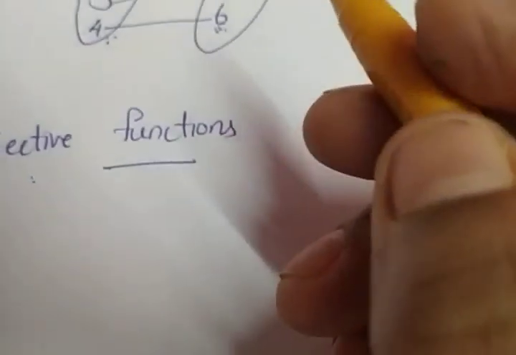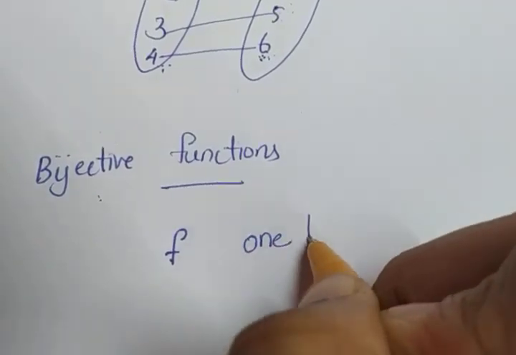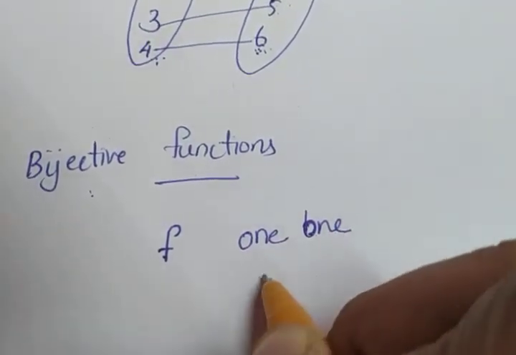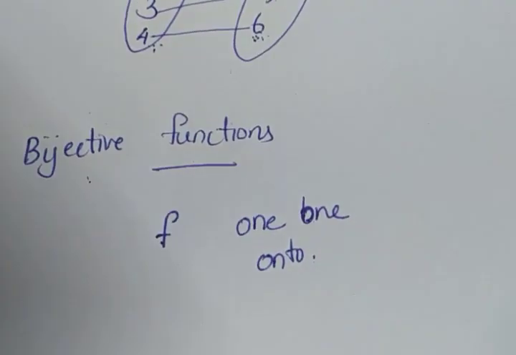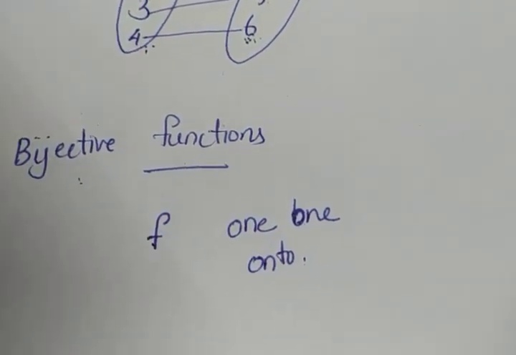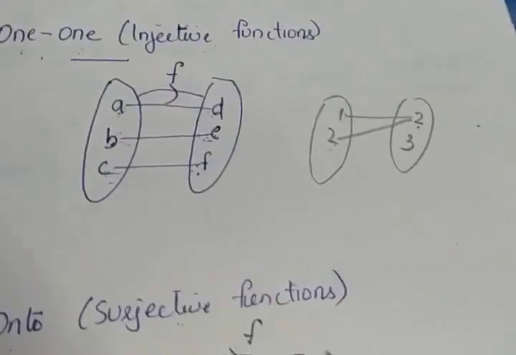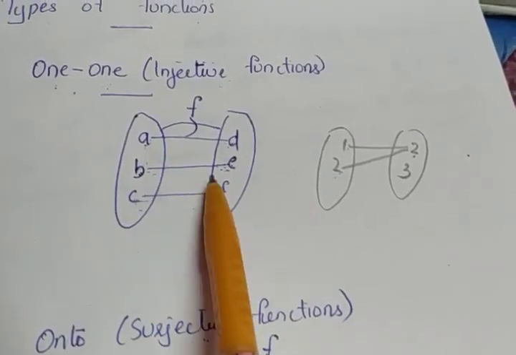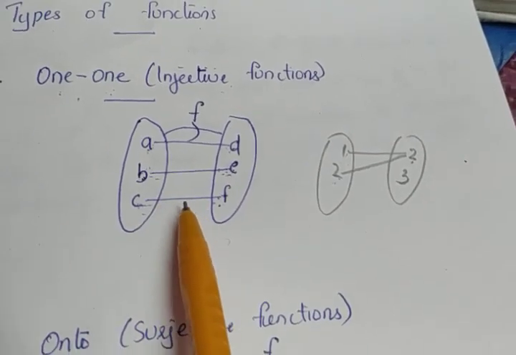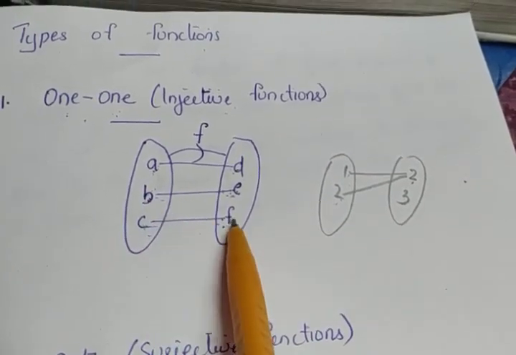And the third one is bijective. A function F is bijective if it is both 1-1 and on-to. At first it must be a function, and the next condition is that 1-1 correspondence must be there.